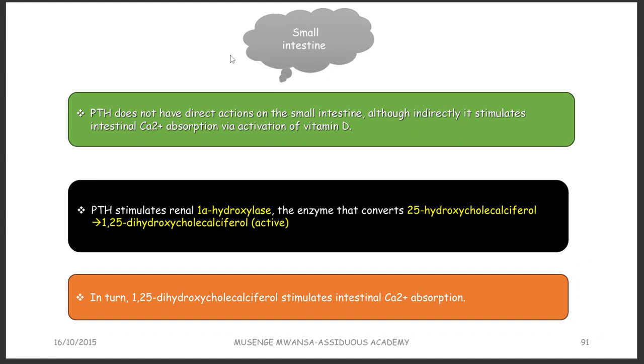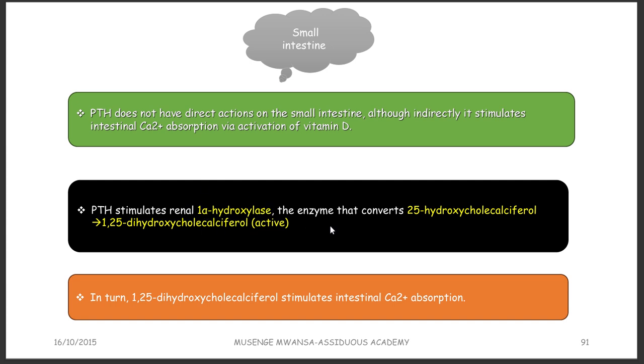In the small intestines, parathyroid hormone does not act directly on the small intestines, but it will do it indirectly. First, the parathyroid hormone is going to stimulate, on the kidney, what we call 1 alpha hydroxylase.